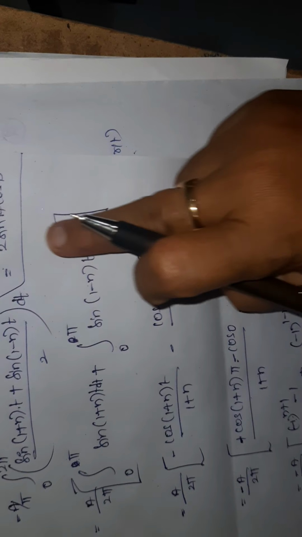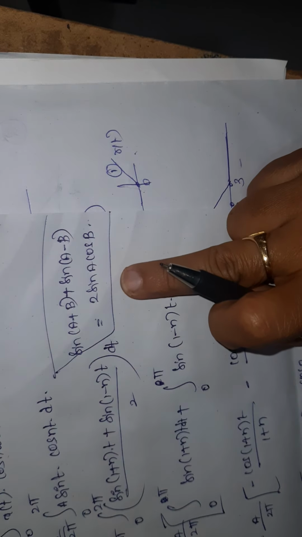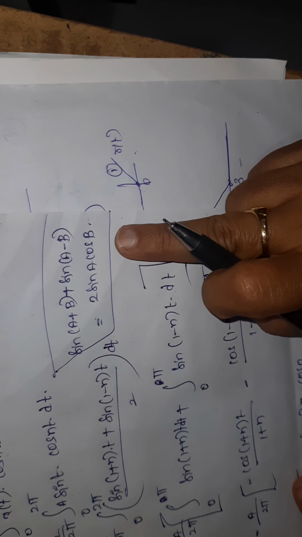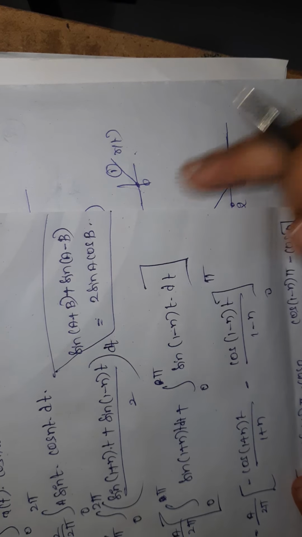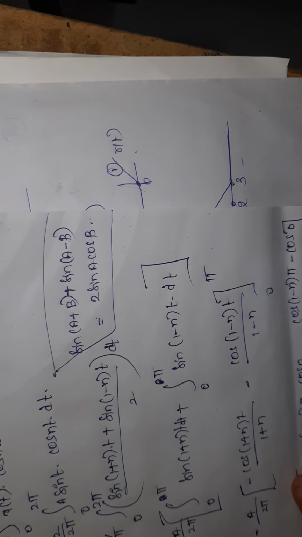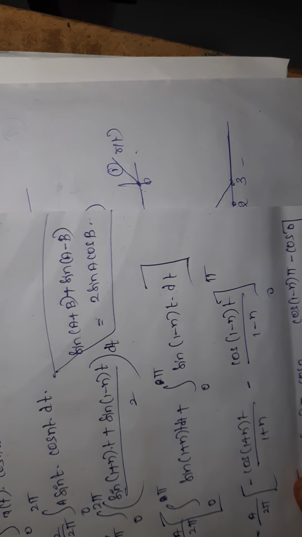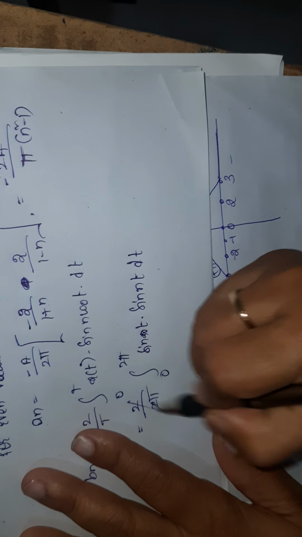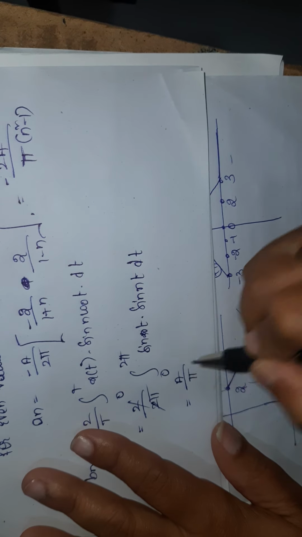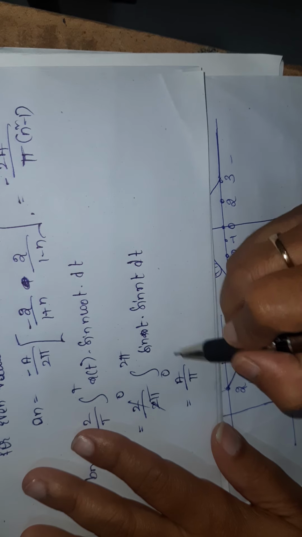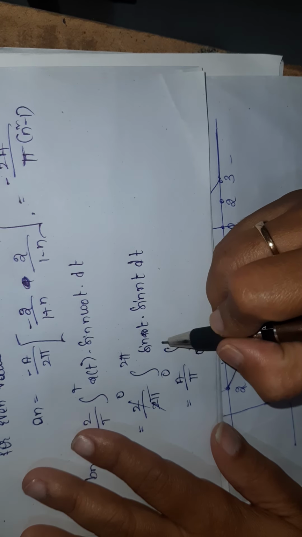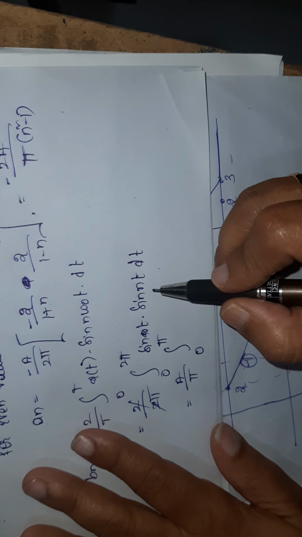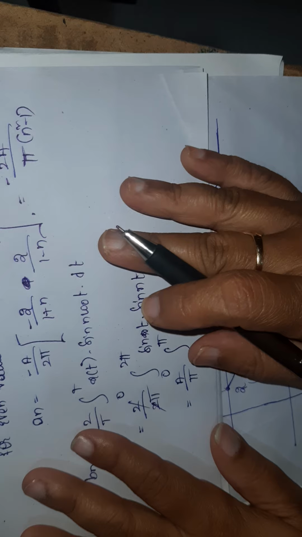So what is sin a into sin b? Like this we are having one more formula. Sin a into sin b is nothing but cos of a minus b minus cos of a plus b, by 2. So like this I am writing a by pi integration. I am taking only 0 to pi, because pi to 2 pi the given waveform magnitude is 0.